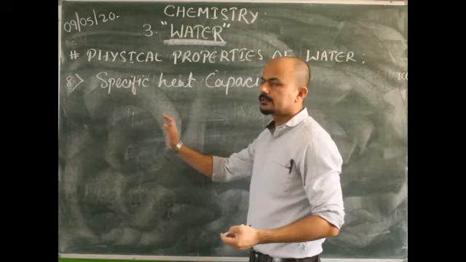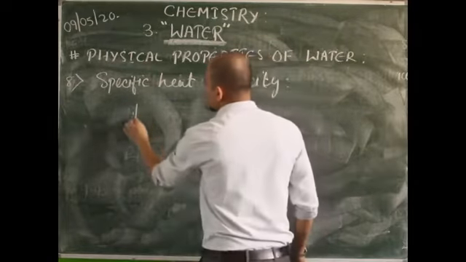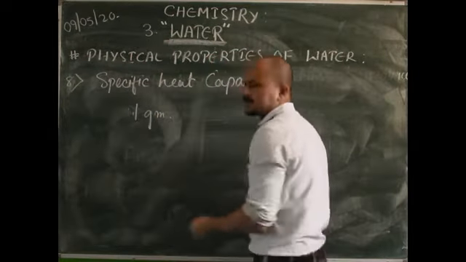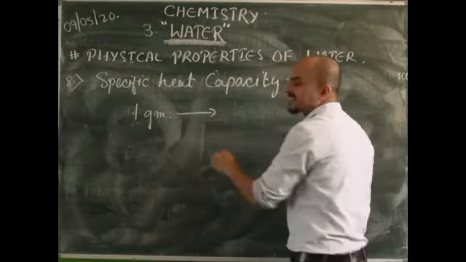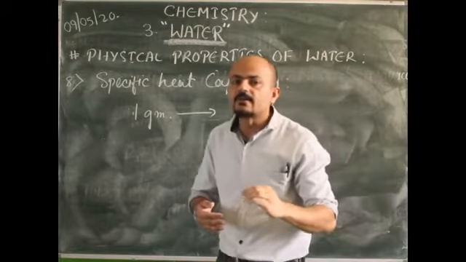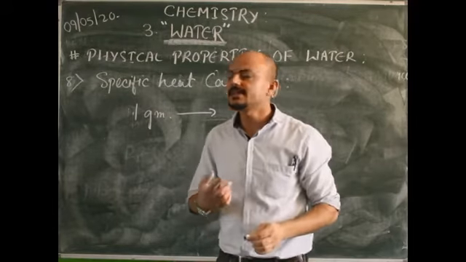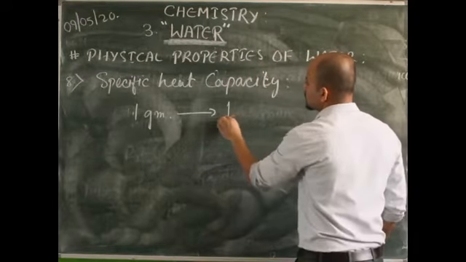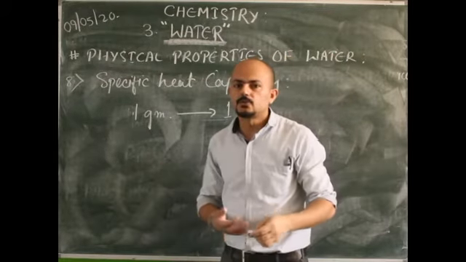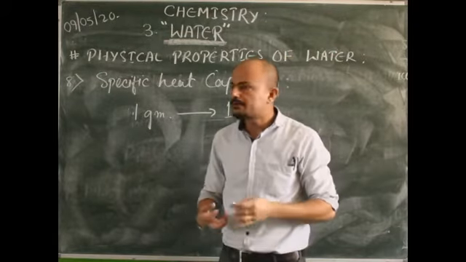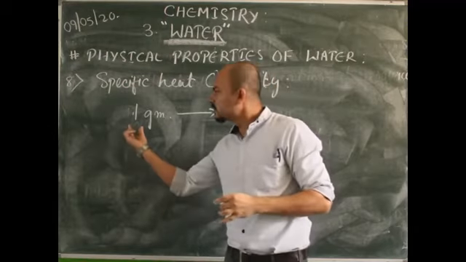So here we are talking about 1 gram of water when heating it, so that its temperature rises by 1 degree centigrade. So the amount of heat required or absorbed by water, how much water? 1 gram.